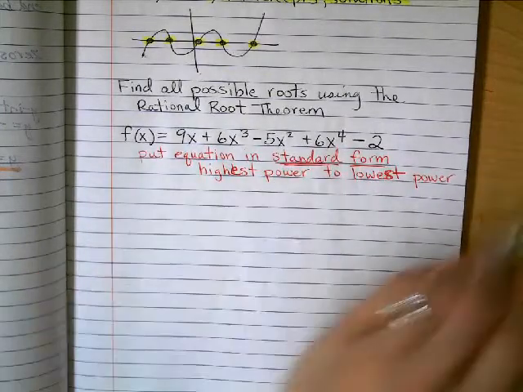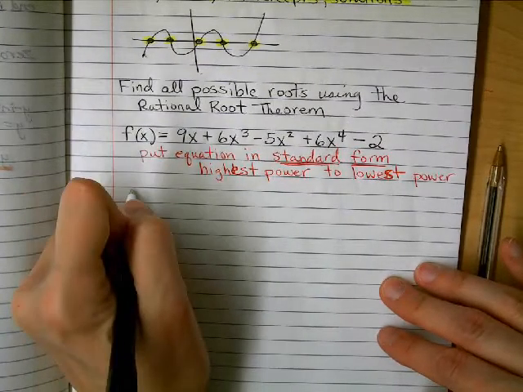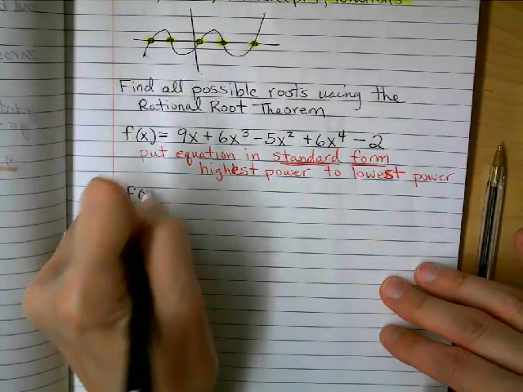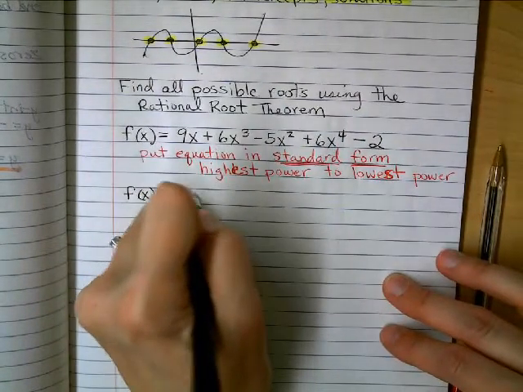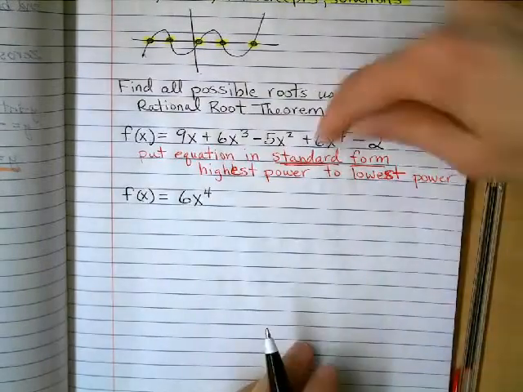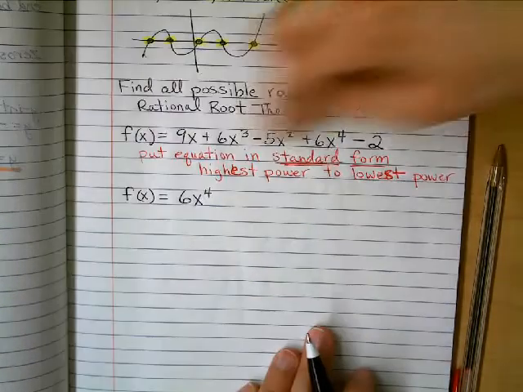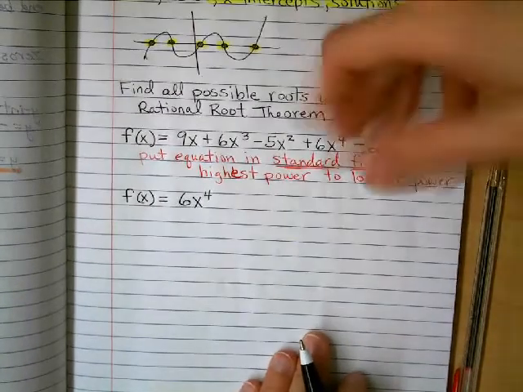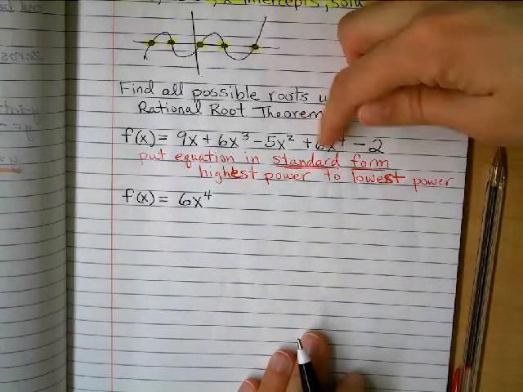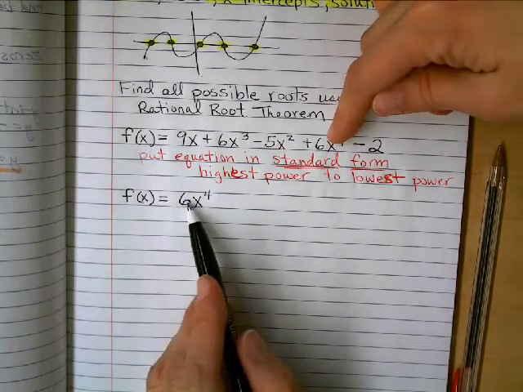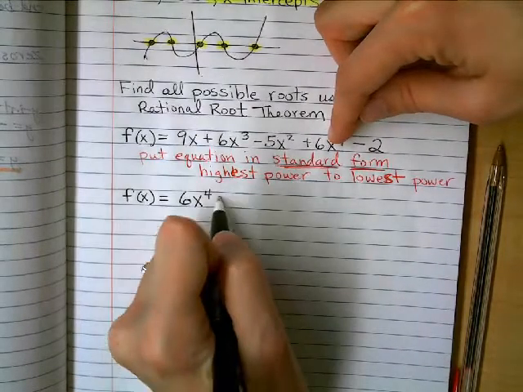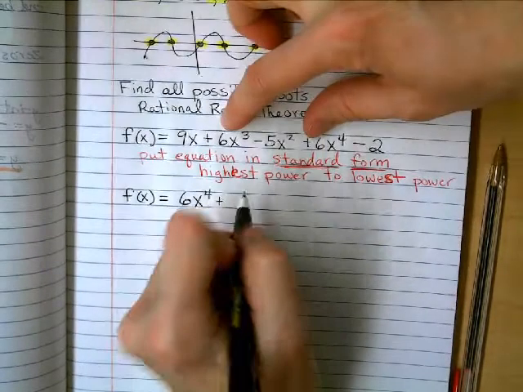What should go first if I rewrote it? Yeah, 6x to the fourth. This one should be first. Then 6x to the third power.